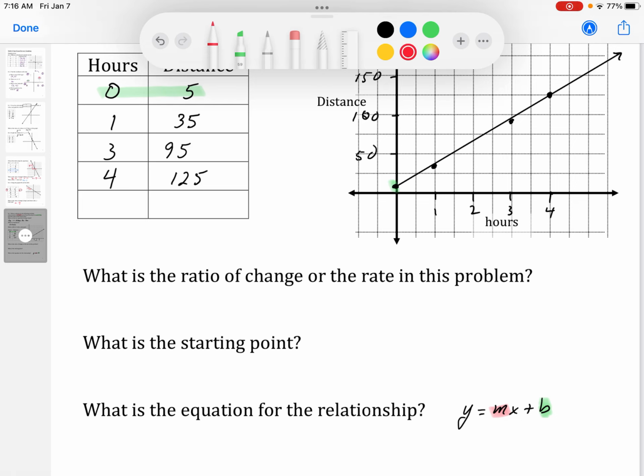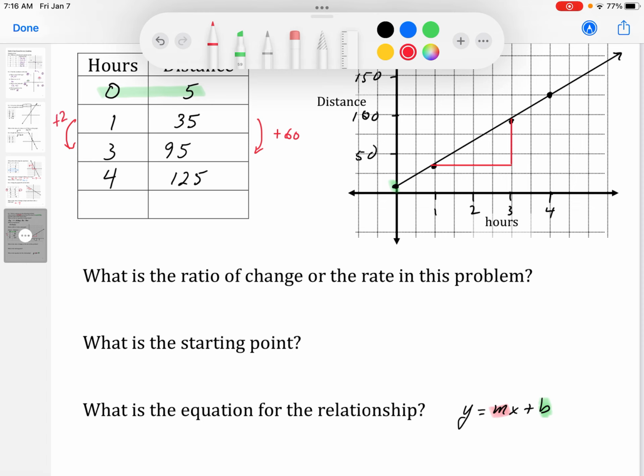So I need to show the ratio of change. I'm going to do it arbitrarily between any 2 points. Between those 2 points is going to be the ratio of change, which shows up in my table. So it's going to be plus 60 for every 2 hours.